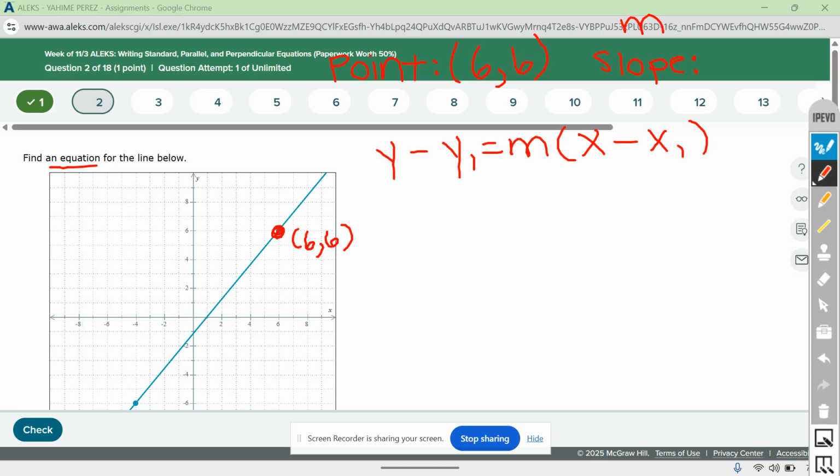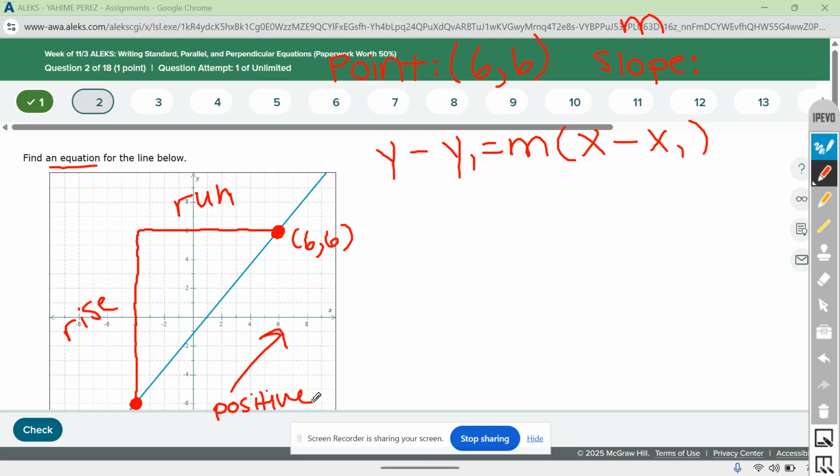And slope is pretty easy to find on a graph, right? Because as long as I have the 2 points that touch a corner of a square, between those 2 points, I'm going to make a staircase, one big staircase. And my slope is rise over run. We just have to remember that we have to consider if it's a positive slope, which this one's a positive slope, or a negative slope, right?